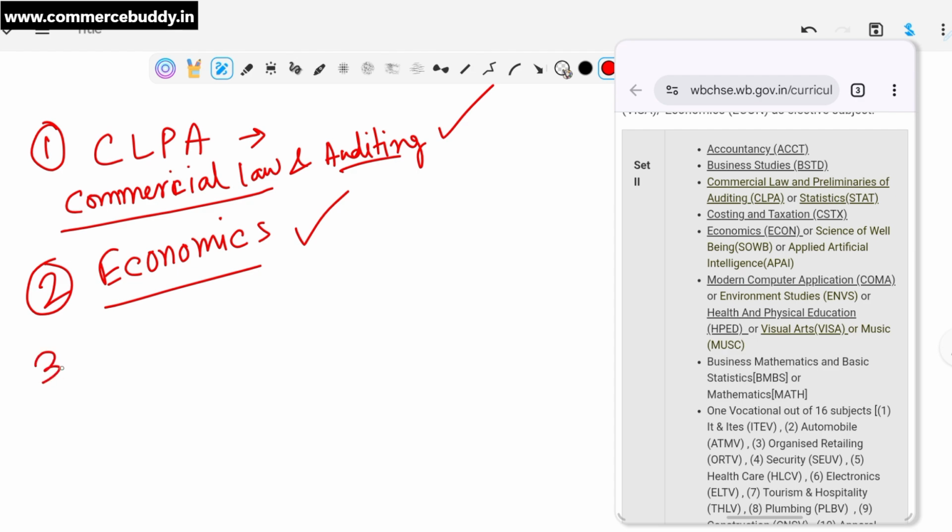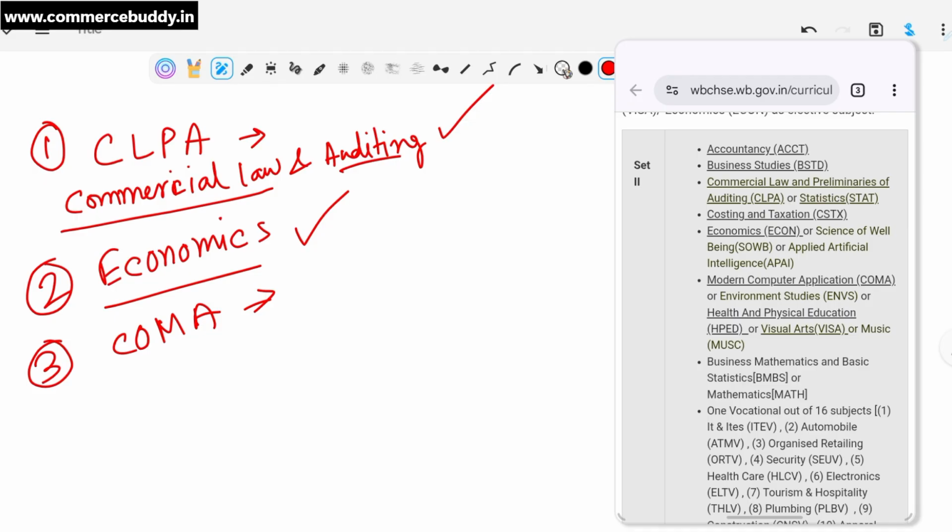Now number 3 is our computer application. Okay, this is a computer application subject, totally different from the commerce field. So, if you have interest in computer application, building programs, developing websites, and many more things, learning new computer languages, then you can select this.